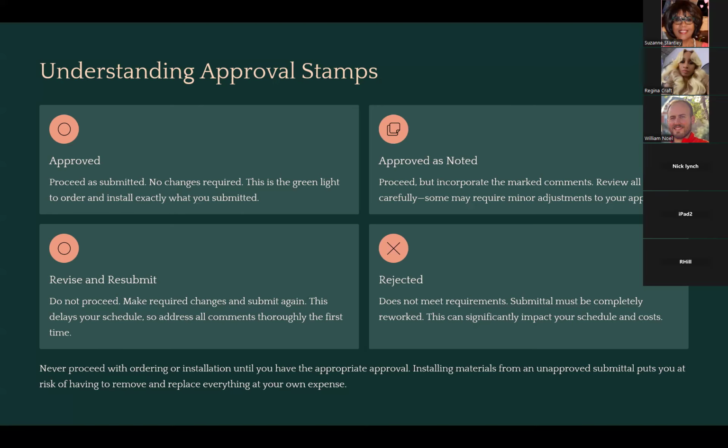The fifth one that I didn't put on here, but is one that you will see a lot, it will just say reviewed or no exceptions taken. And a lot of times that's what an architect or engineer will put on there instead of approved, because sometimes they think approved means that they're taking some responsibility for the design and they don't want to do that.